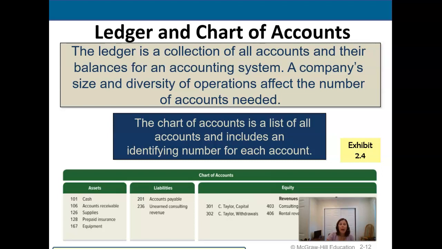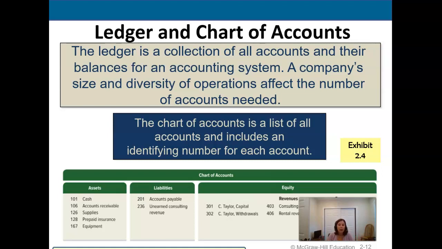So we have all of these accounts that we keep track of in what is called a chart of accounts. This is an example of a chart of accounts that lists all the individual asset accounts, liability accounts, and equity accounts for this particular company. You might have a company that has a vastly larger chart of accounts because their transactions involve many more types of things that they have to keep track of.